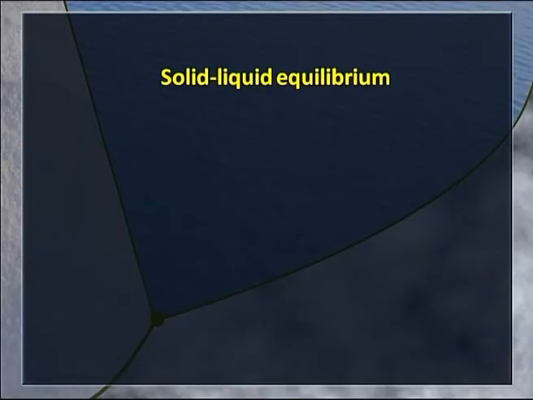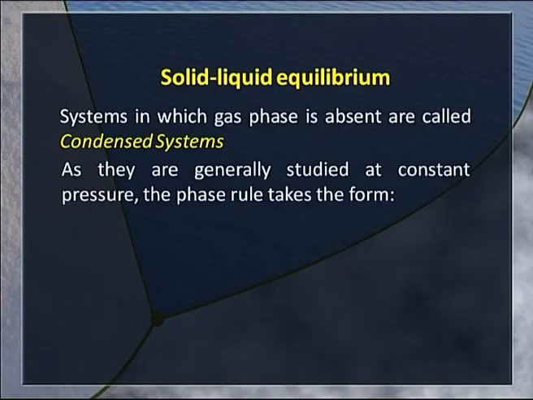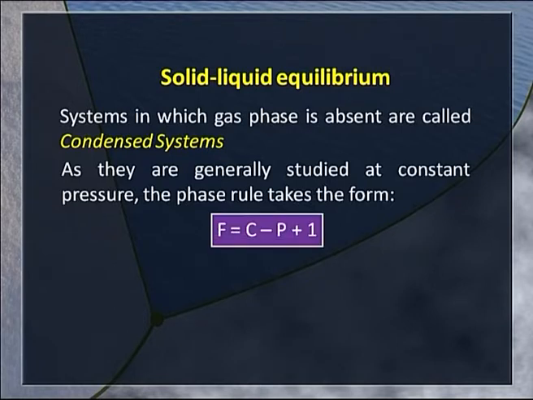Let us start with solid liquid equilibrium. In these systems, the gas phase is absent, and hence these systems are called condensed systems. In these systems, since gas is absent, generally we study the phase diagram at constant pressure, and phase rule takes the form F is equal to C minus P plus 1.